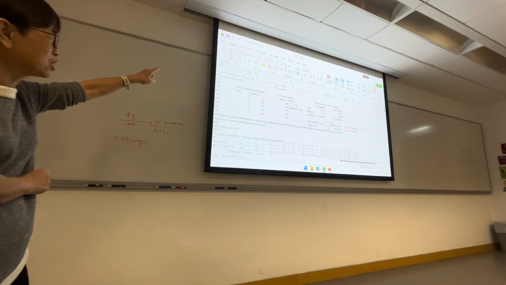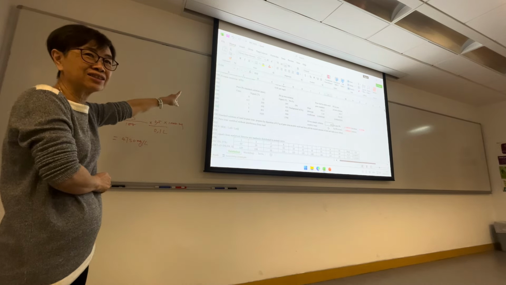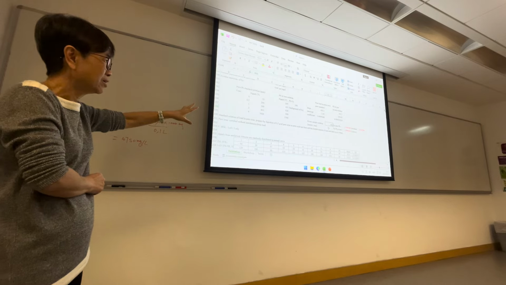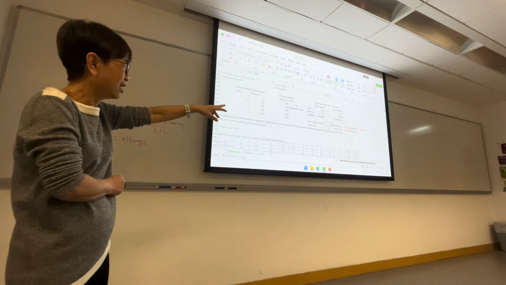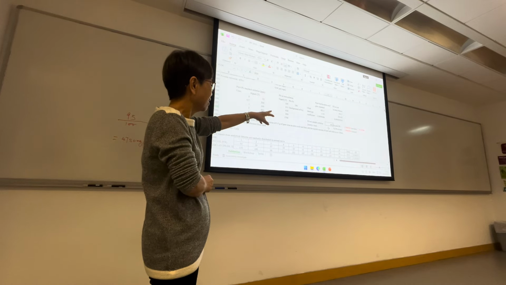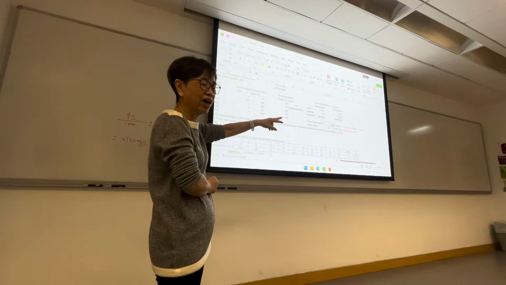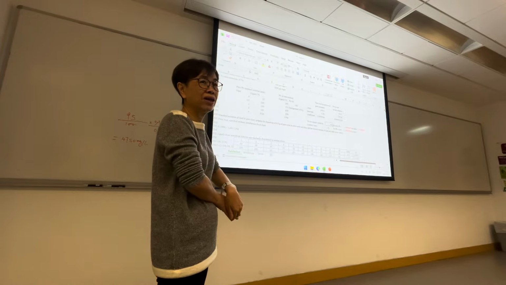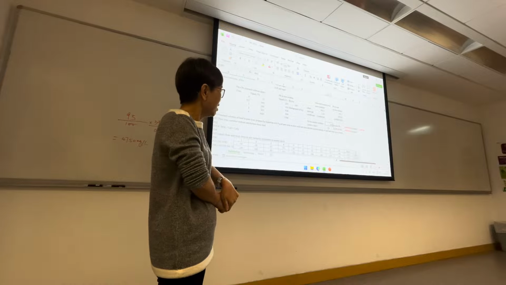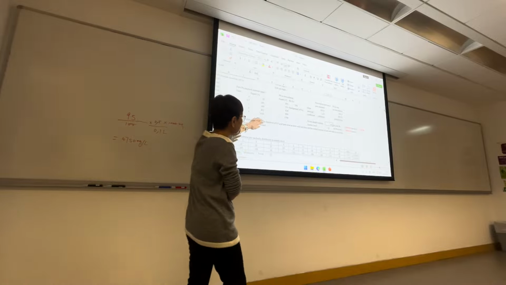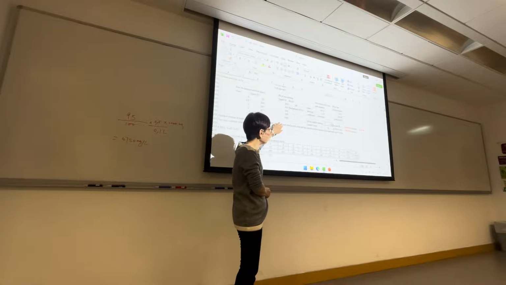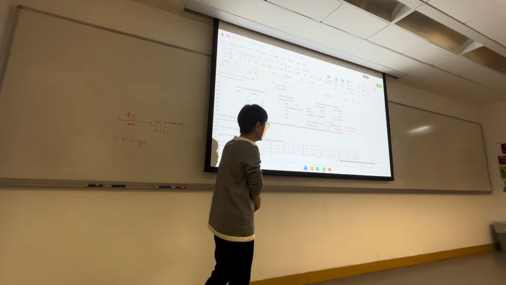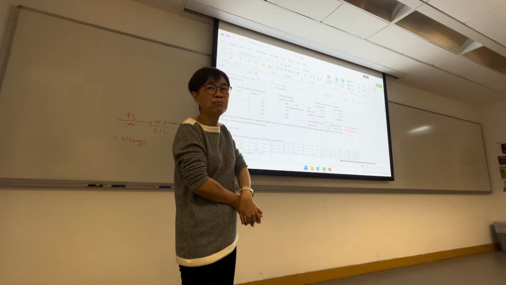If we use the pure lead standard solution calibration curve to quantify the result, then the concentration found in the sample solution will be 2.1 mg per liter. But if we use the matrix calibration curve, then the lead concentration will only be 1.6.